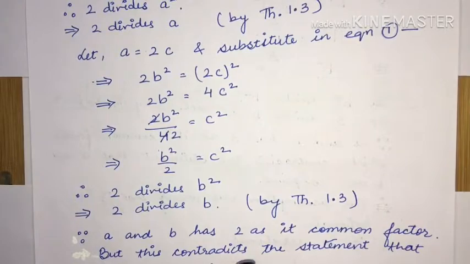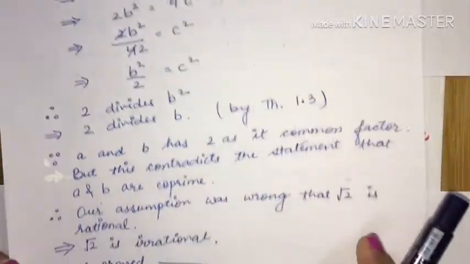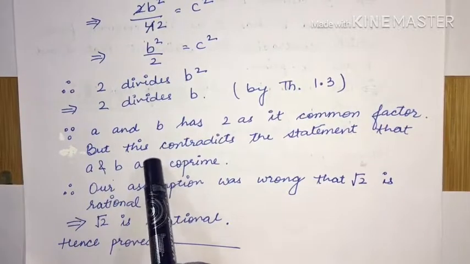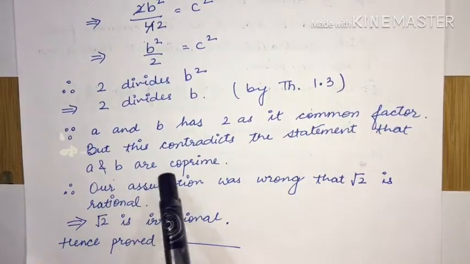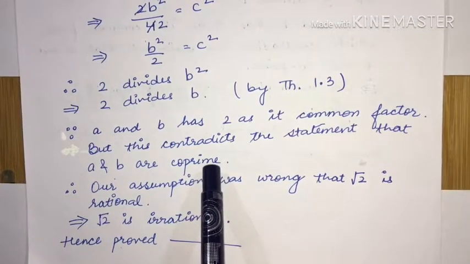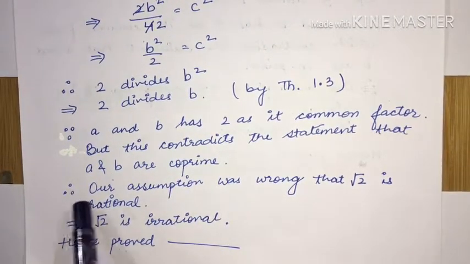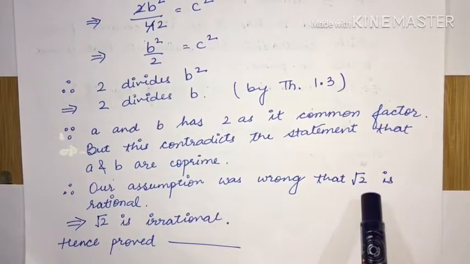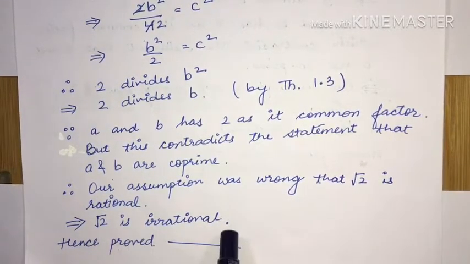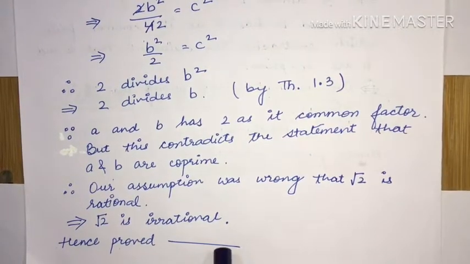Since a and b have 2 as their common factor, this contradicts the statement that a and b are co-prime, because co-prime numbers are those that have nothing in common between them. Therefore, our assumption was wrong that root 2 is rational, which implies root 2 is irrational, hence proved.